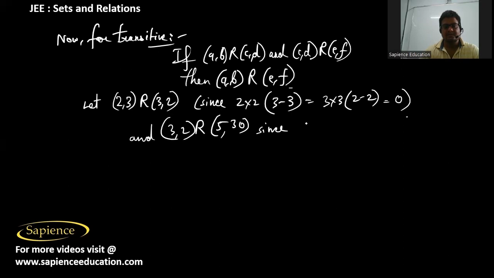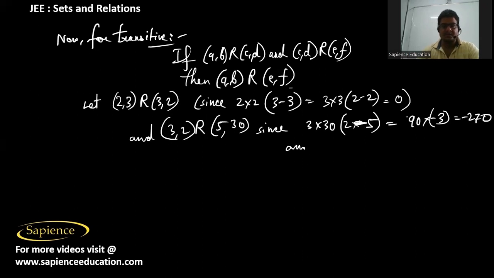Since AD into B minus C is equal to 90 into minus 3, that is minus 270, and BC into A minus D is equal to 10 into minus 27, which is minus 270.